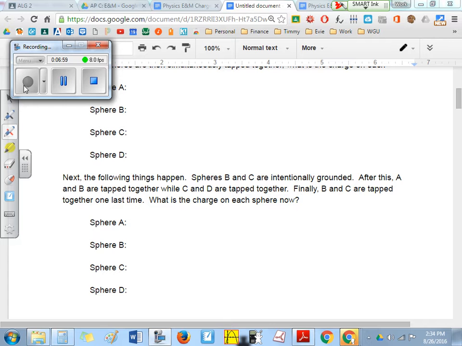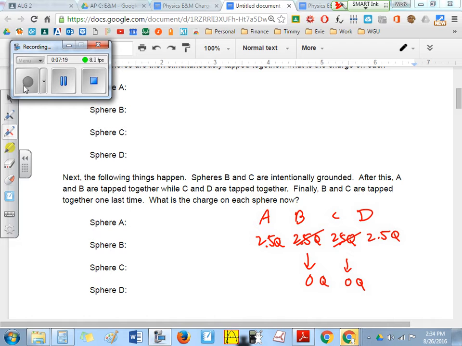So we had spheres A, B, C, D, and they all had 2.5Q. But when you touch B and C to the ground, they lose their charge. So these are now 0 charge, they're zeroed out.